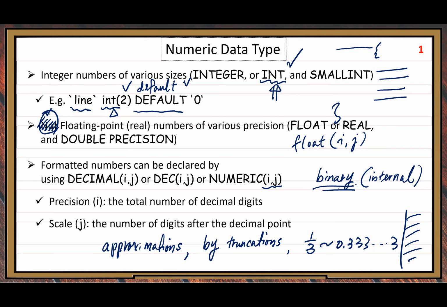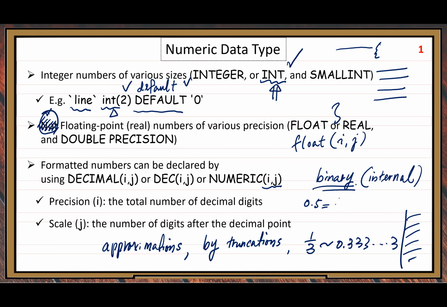That means after the decimal point, you need to use the binary representation. Then think about the truncation issue.